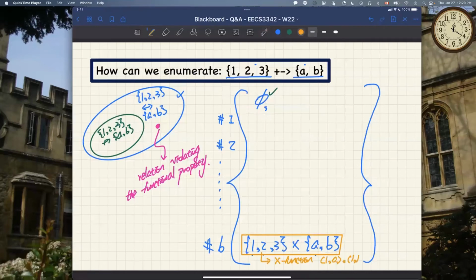You can see both 1A and 1B will be members in this relation over here. So that means it will violate the functional property. So this is not a function, and I can simply cross it out. Even though it's a relation, it's not a function. That's why I don't include it in my final set of the partial functions.